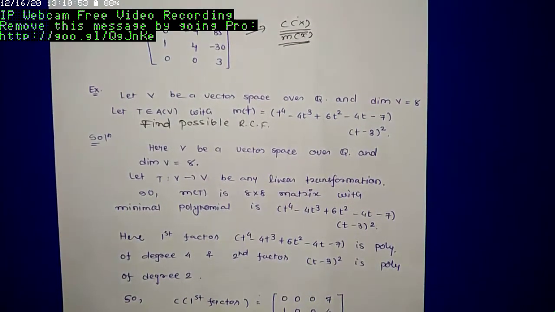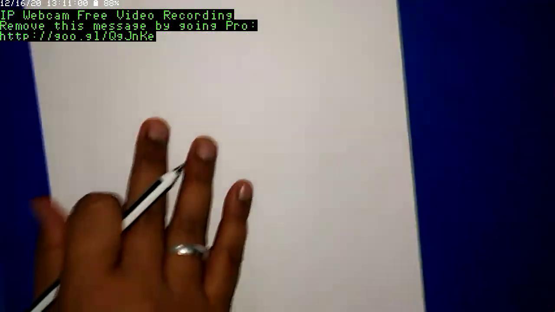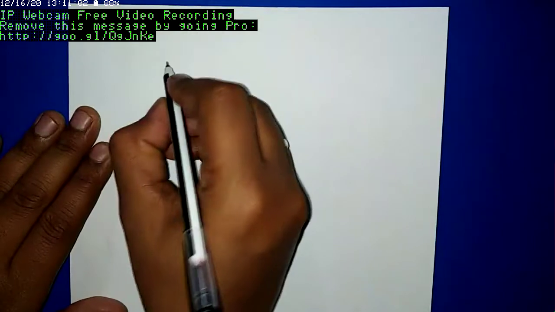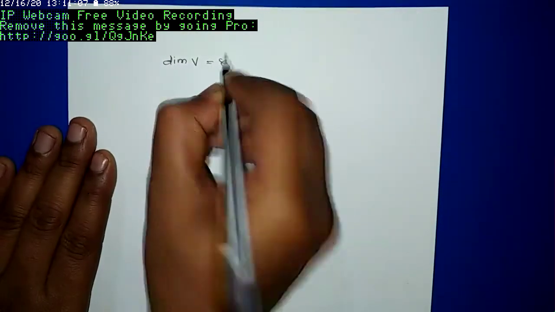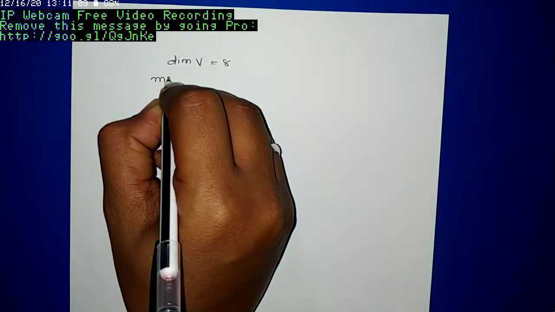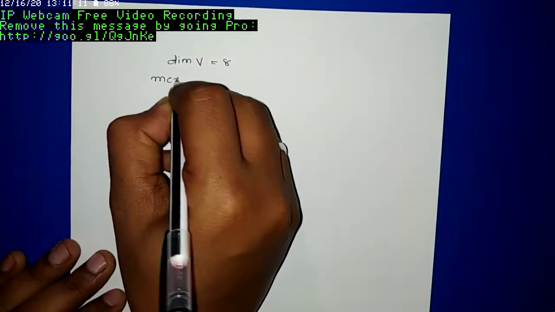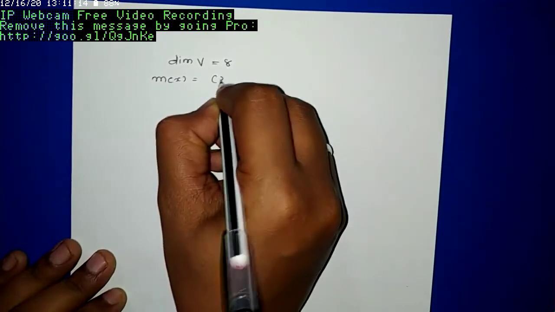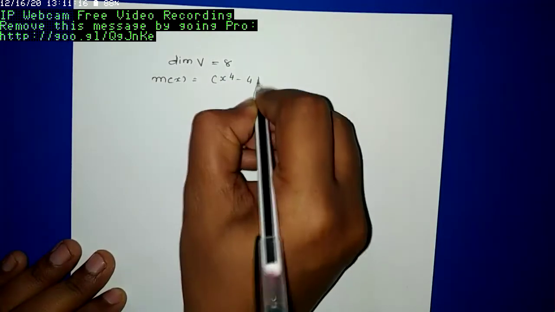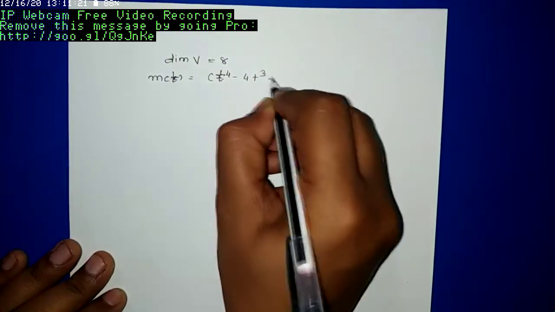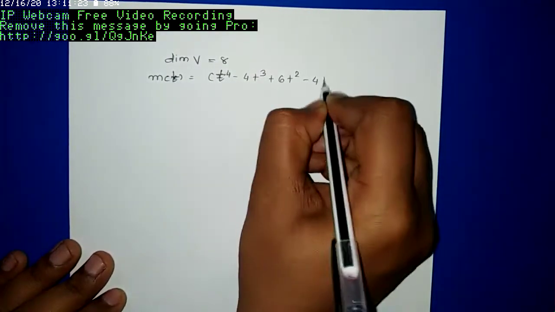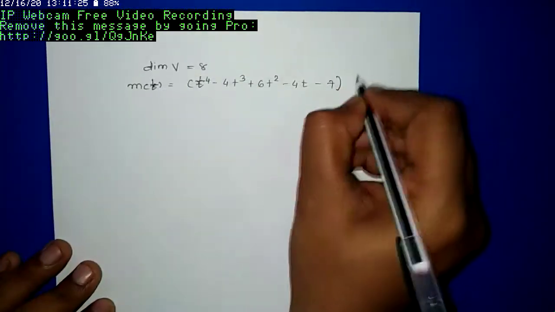So here the dimension of vector space V is 8, and your minimal polynomial mt is t raised to 4 minus 4t cube plus 6t square minus 4t minus 7, and t minus 3 square.